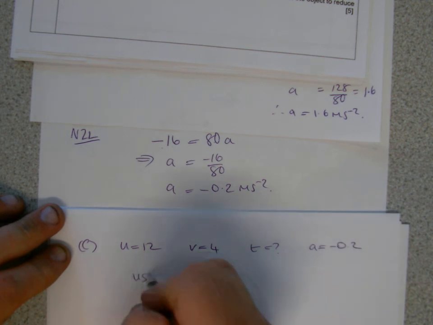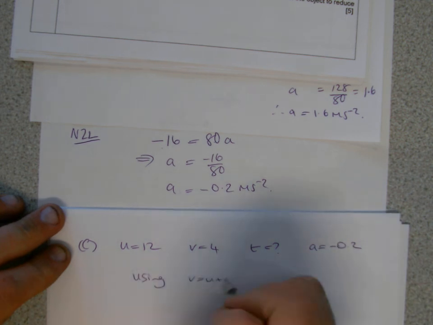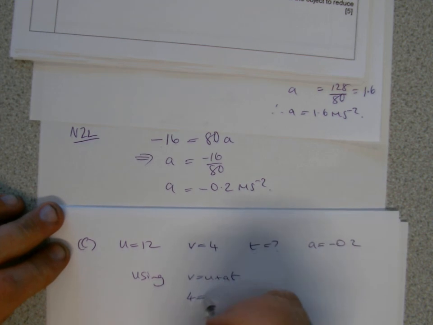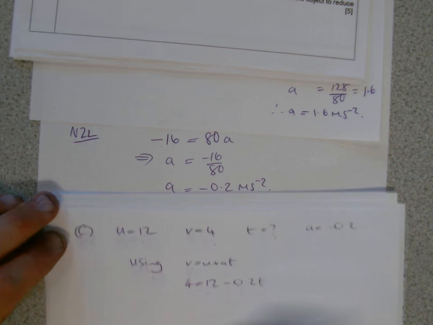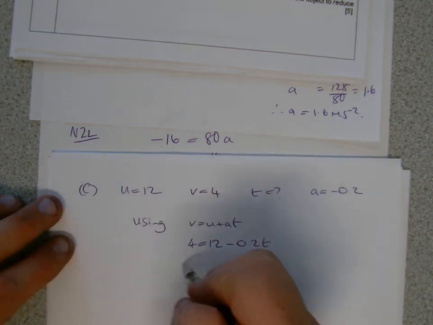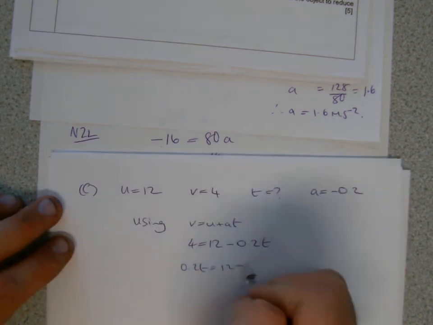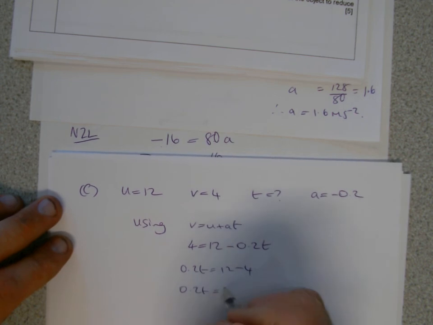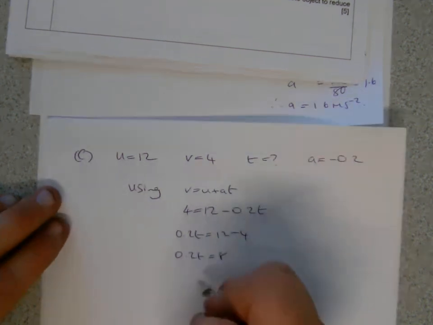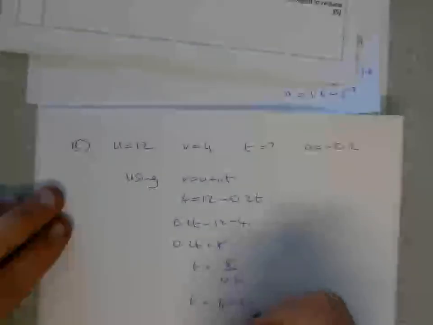Using v equals u plus at, 4 equals 12 minus 0.2 times T. So 0.2T equals 12 minus 4, 0.2T equals 8, and then T is 8 divided by 0.2, so that will be 40 seconds.